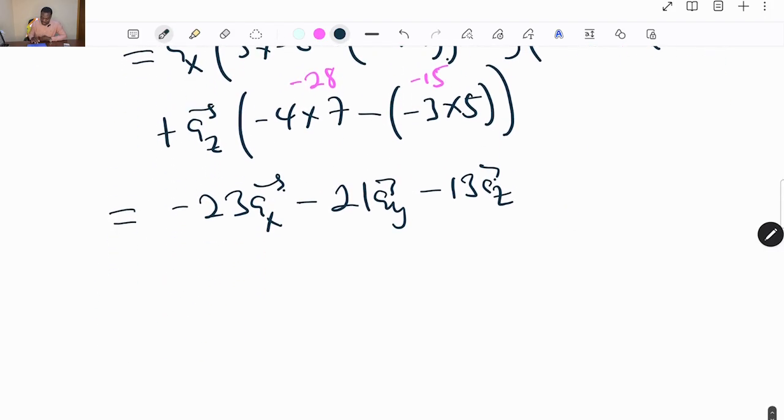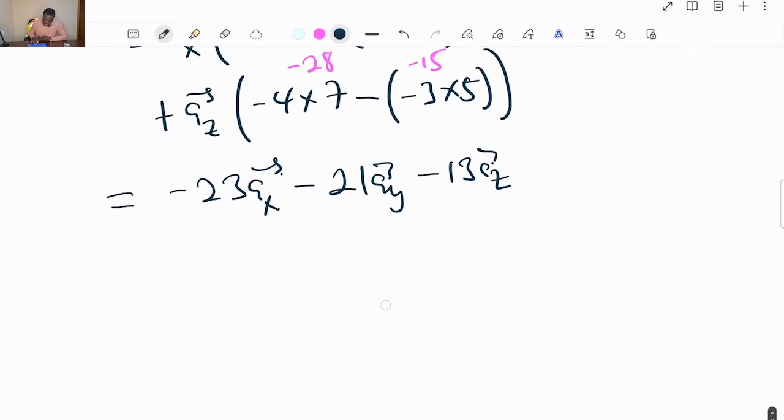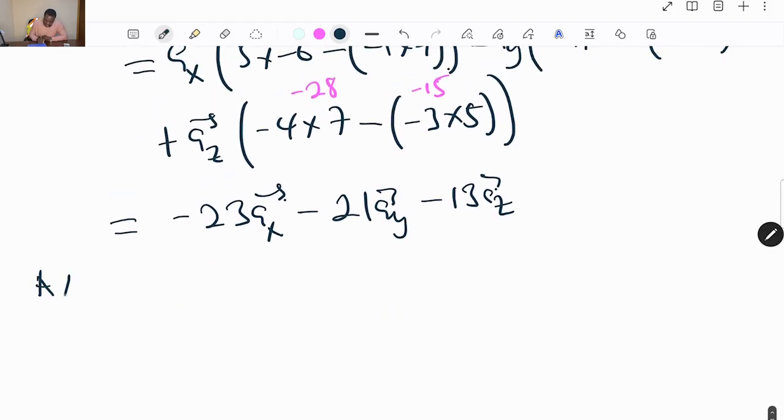So this is our cross product. All right, now let's get the magnitude of this cross product.